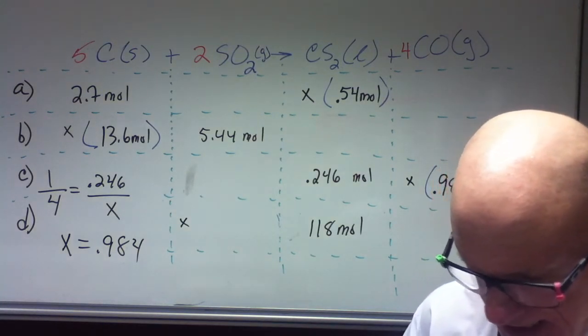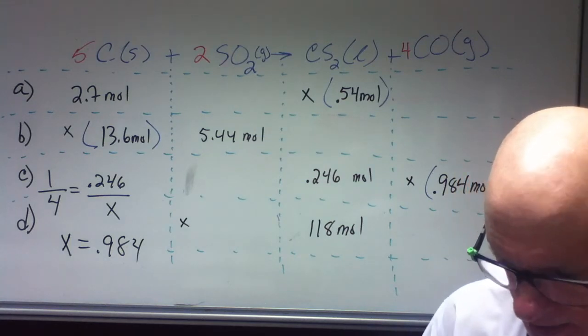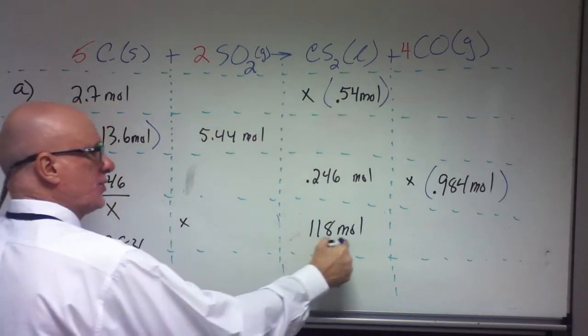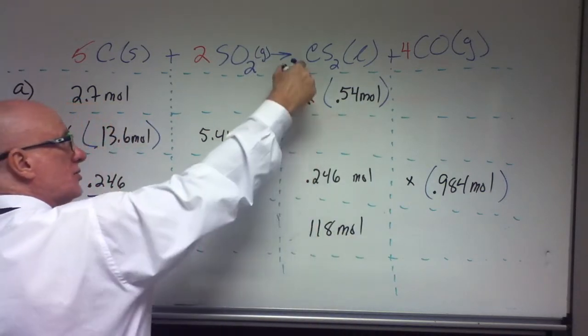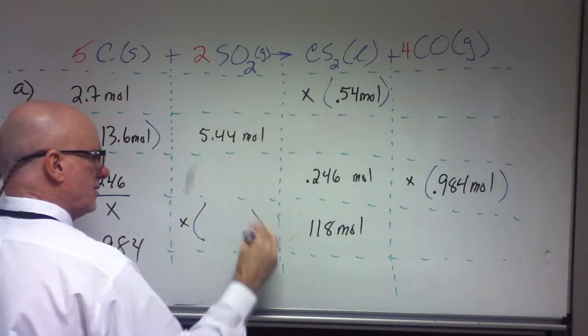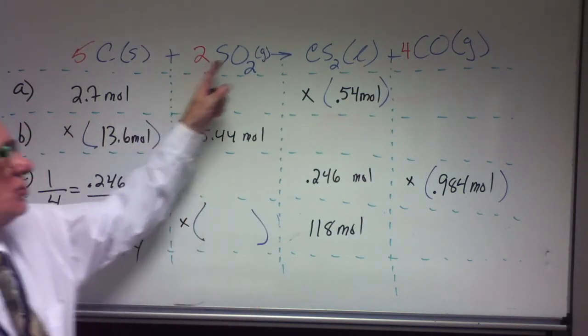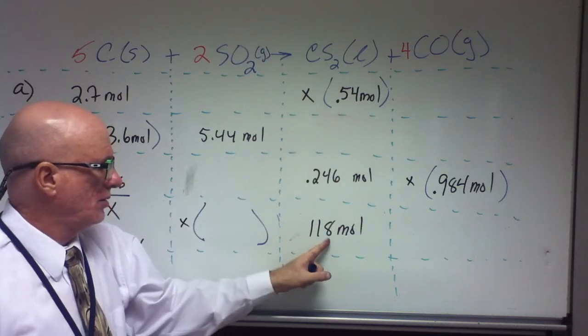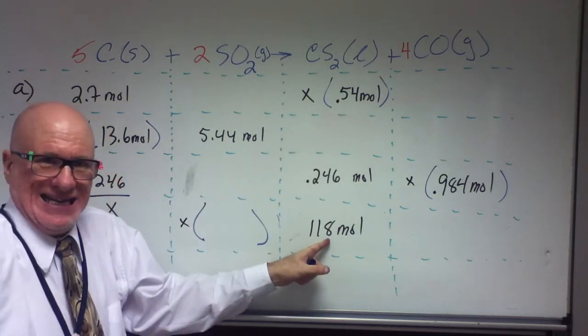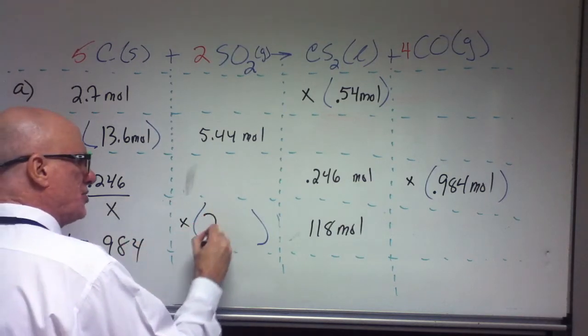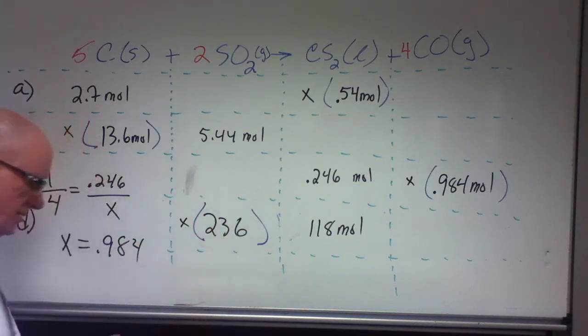And the last one, we're just going to do very quickly. The last one says, if I produce 118 moles of this, how much of this am I going to need? Well, it's 2 to 1. So what's 2 times 118? That should fall off the paper. So that'll be 2, 3, 6.